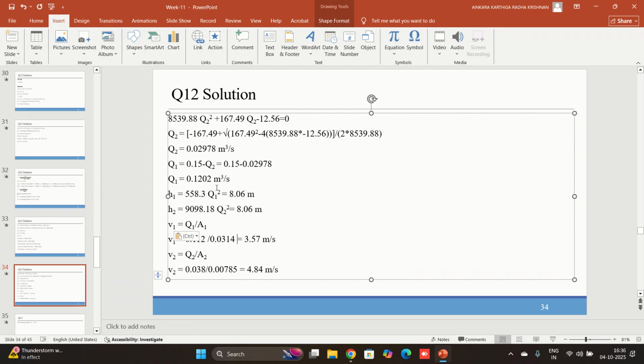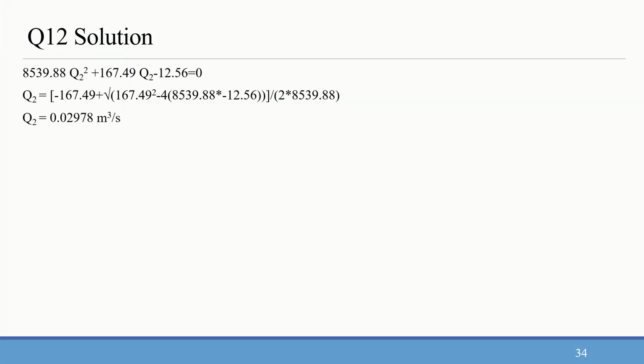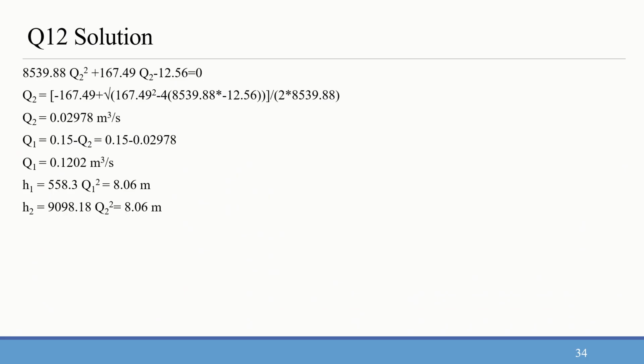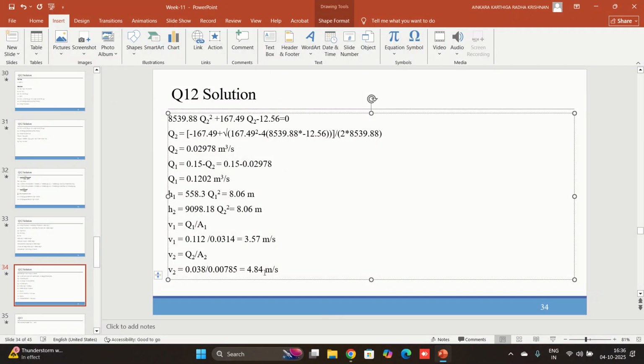Finally, we calculated Q1 and Q2, and what is asked in the question is to calculate V1 and V2. V1, the velocity of the fluid in pipe 1, is Q1 by A1. Q1 is 0.1202, so 0.1202 by 0.0314 gives us 3.828 meter per second.